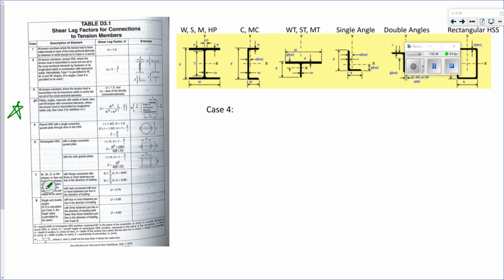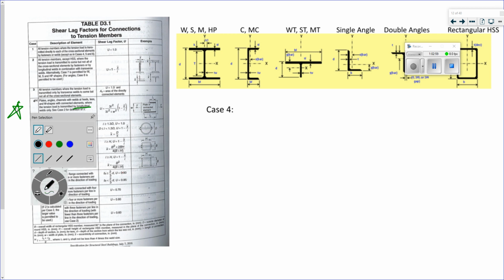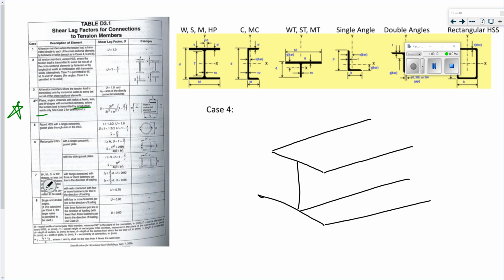Now we only have longitudinal welds. So again, I'm going to draw, see if my I-beam keeps being nice, right? Now I have the same I-beam, and I connect a plate to it.